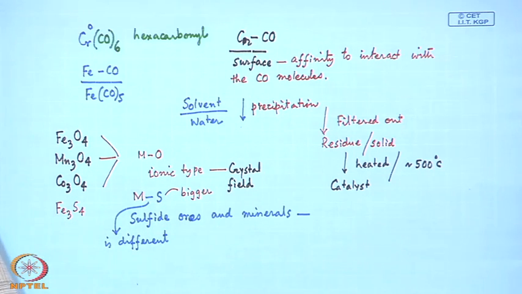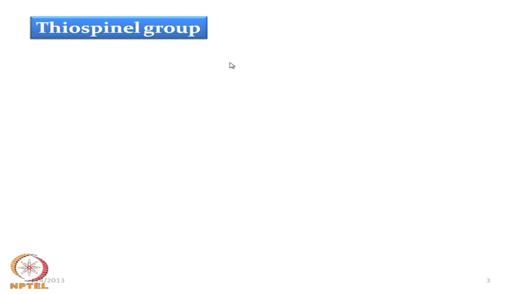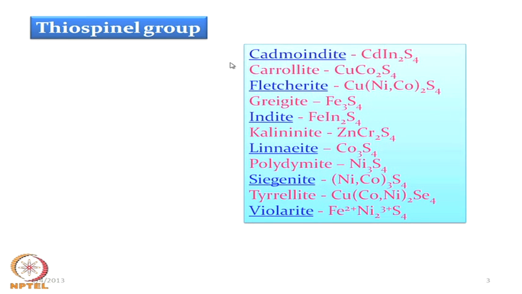So, a large number of these thiospinel molecules are available, and we start from cadmoindite, cadmium indium sulfide. So, we have cadmium, indium, that is why it is cadmium indium 2 S4.